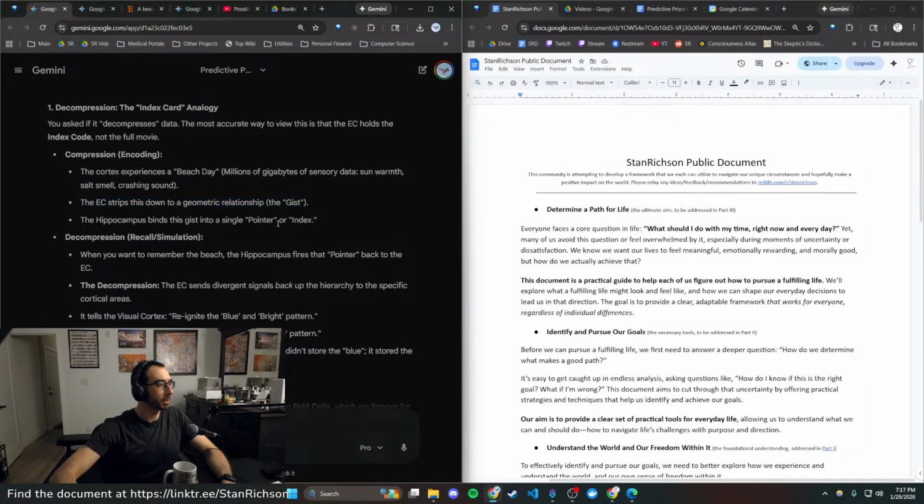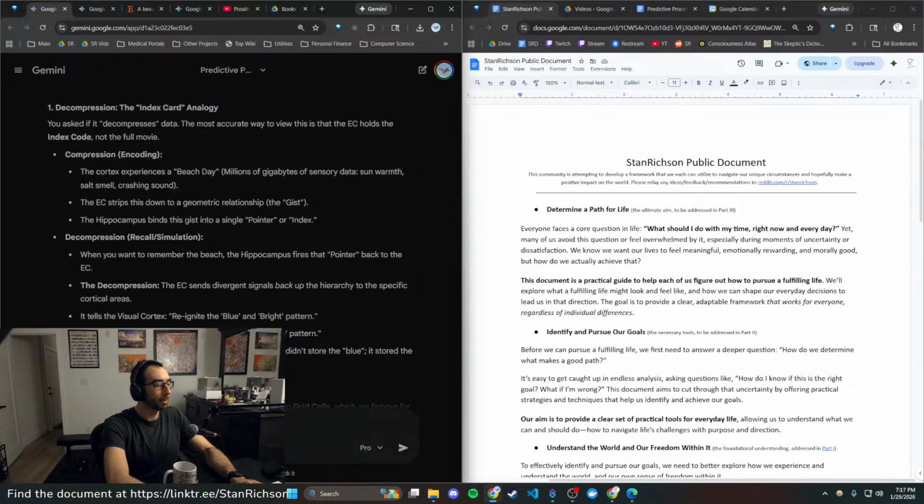Okay, the EC strips this down to a geometric relationship, the gist. Probably not just, I mean, not something simple, I'd imagine. The hippocampus binds this gist into a single pointer or index. Yeah, I doubt it's a single pointer, though.